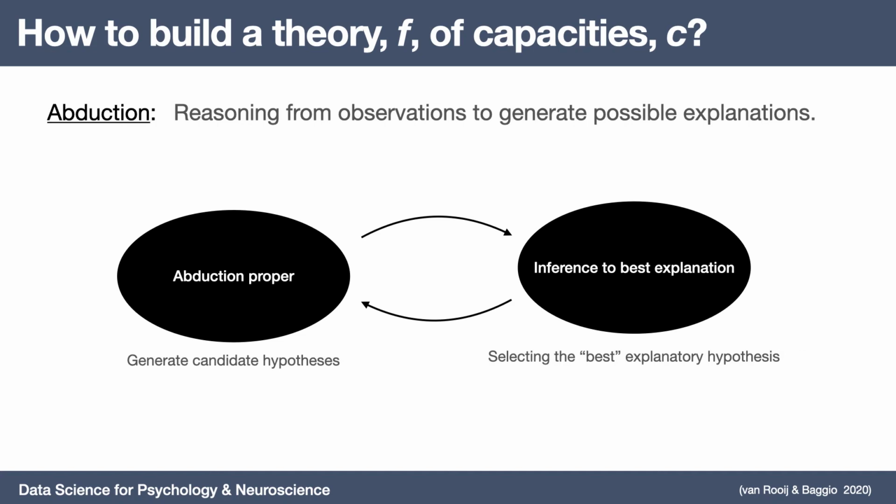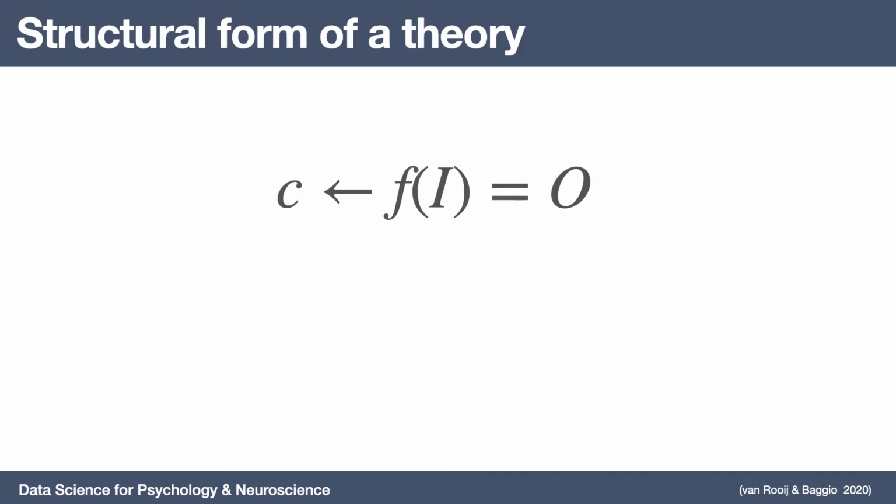So, what should a theory look like? The authors propose that this form represents the structural form of a theory. So for any set of capacities C, they're generated from a function that takes in a specific set of inputs and generates a specific set of outputs.